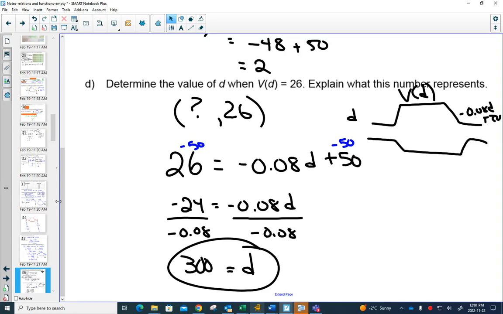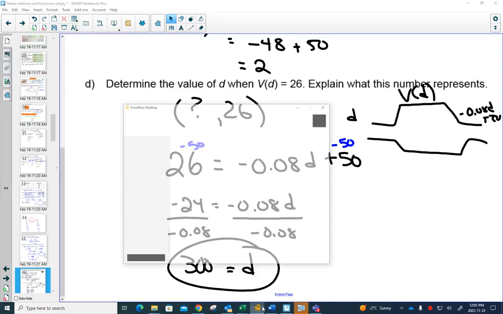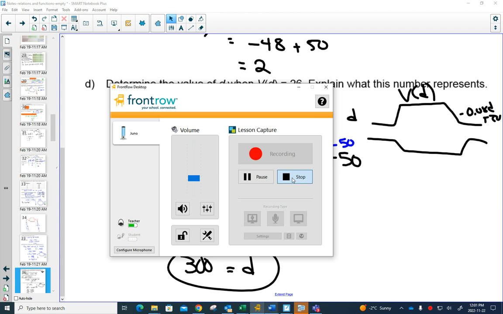Does this seem like a good spot to stop? Yeah, great spot. Yes, there are homework questions there. You were muted the whole time. Oh, I should.